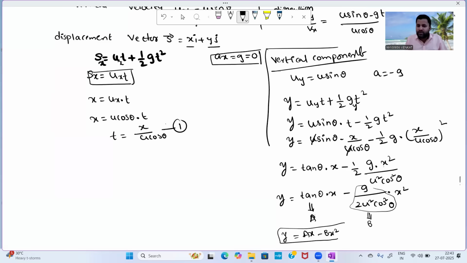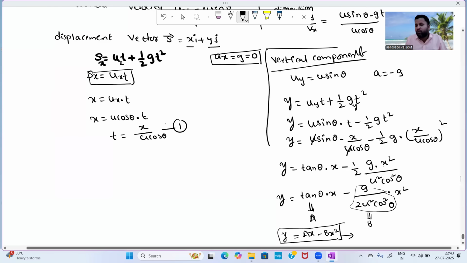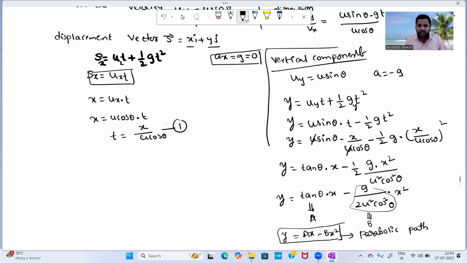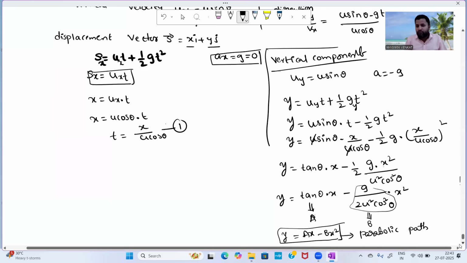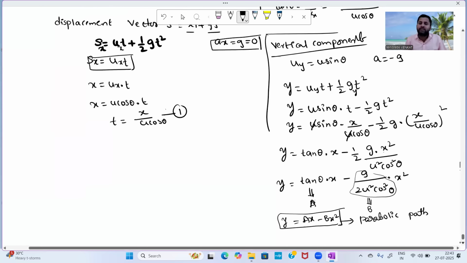This equation shows a parabolic path. So finally we can conclude that the path of the projectile is a parabola. When a body is projected at an angle other than 90 degrees, the path must be parabolic.